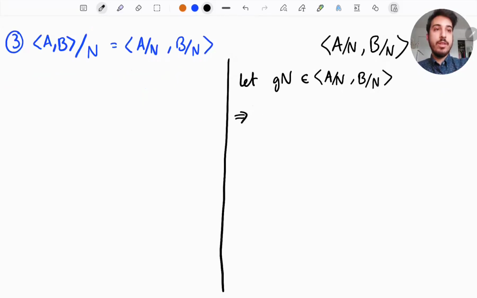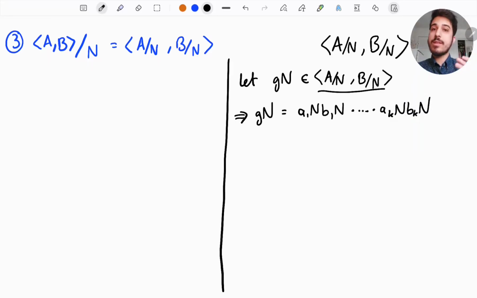So this means that gN is a product of some cosets from A, some cosets from B. So it's going to be maybe a possibility like, for example, a1N, b1N, a2N, b2N, a3N, b3N, and so on until akN, bkN. But that is just a possibility.